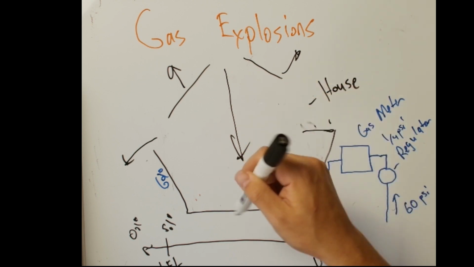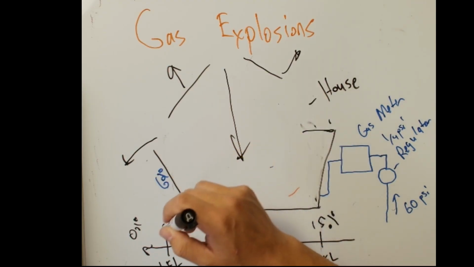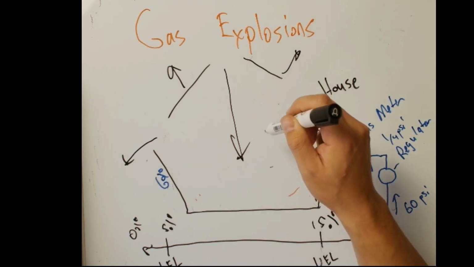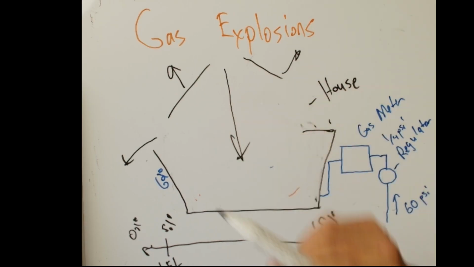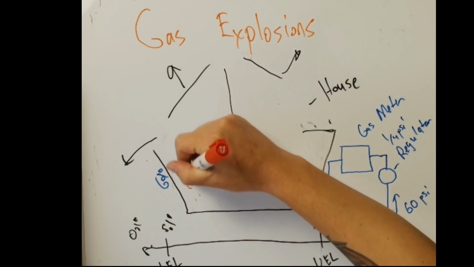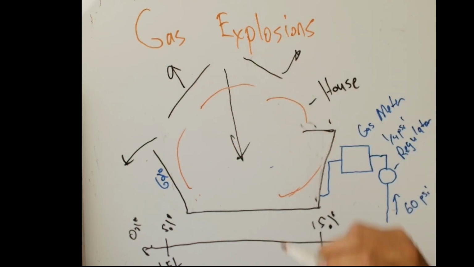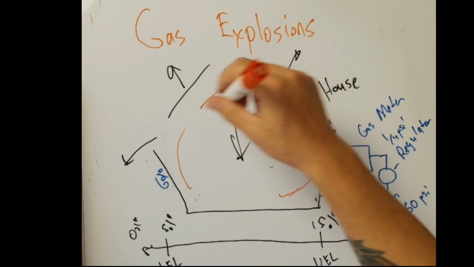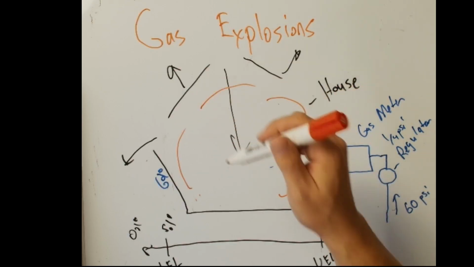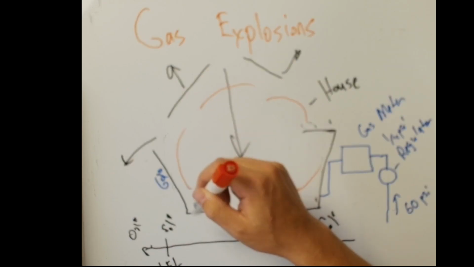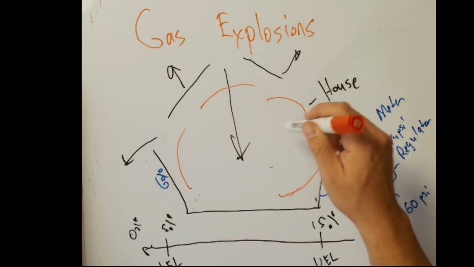The other thing that you can tell if you've had a lower explosive limit explosion, one in the 6 to 8% range, is there will be very little fire damage left over. That's because as this flame front pushes through, right, like this, in all directions, it will consume all of the natural gas because there's not very much of it. And the flame front does not last long enough to ignite too many combustibles.